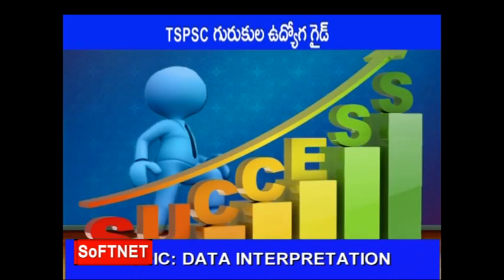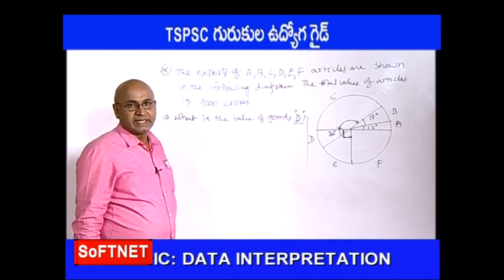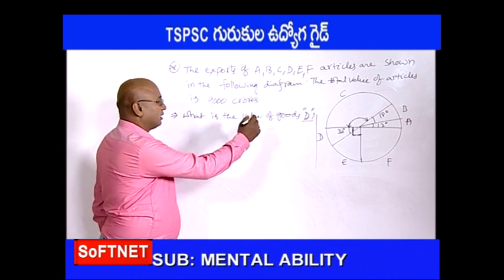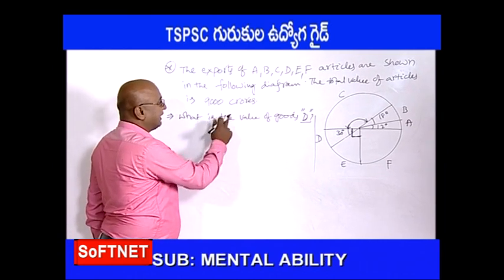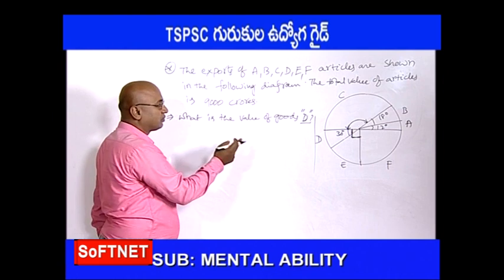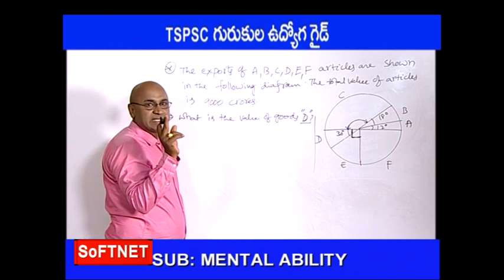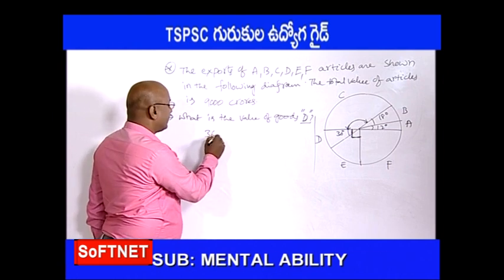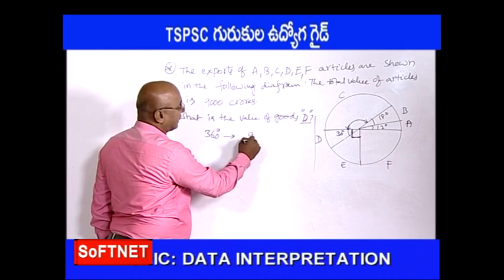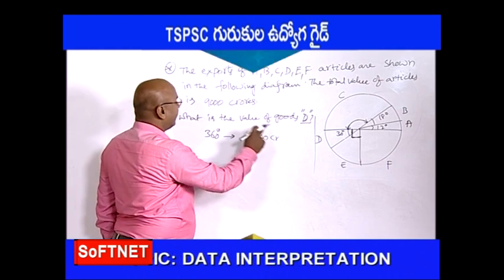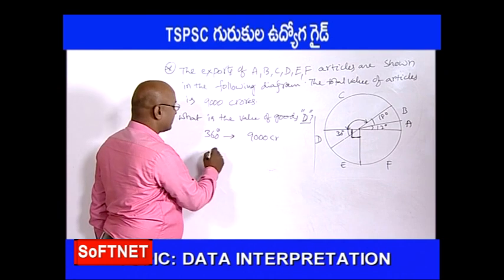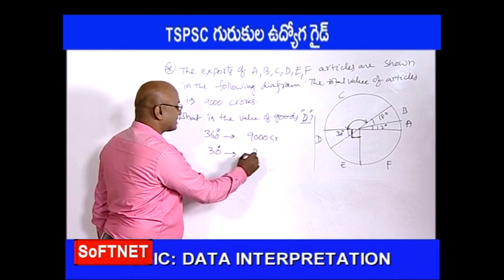Next question, what is the value of goods D? Now, the total value of the article is 9,000 crores. The total angle is 360 degrees. If 360 degrees is equal to 9,000 crores, then the value of D, which is 30 degrees, how much?